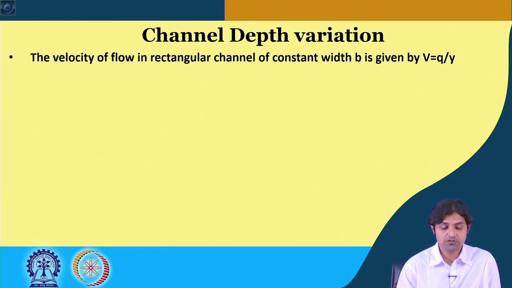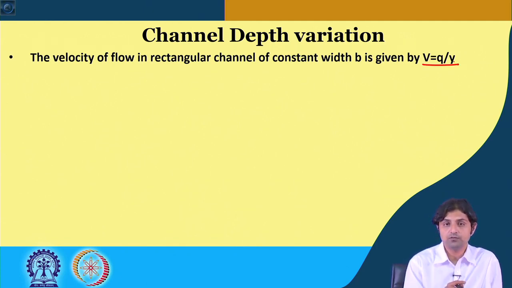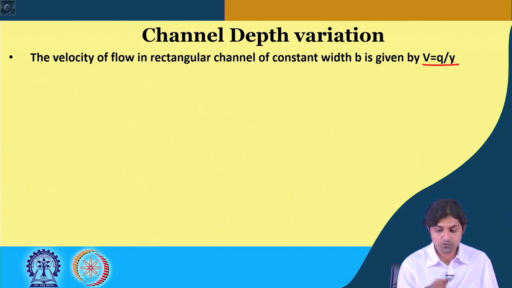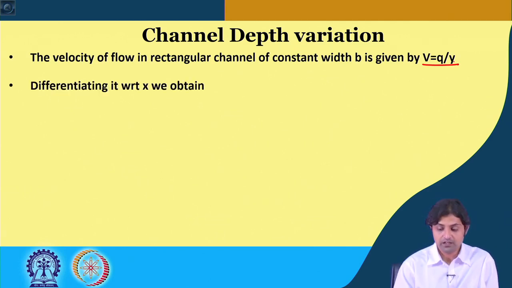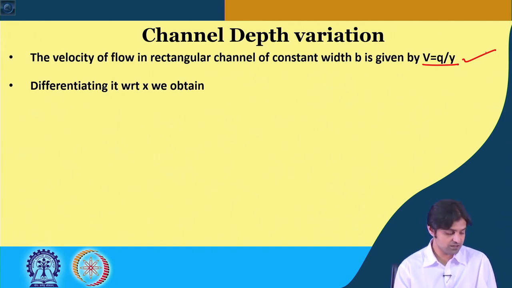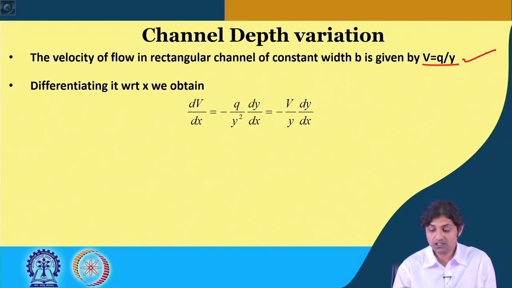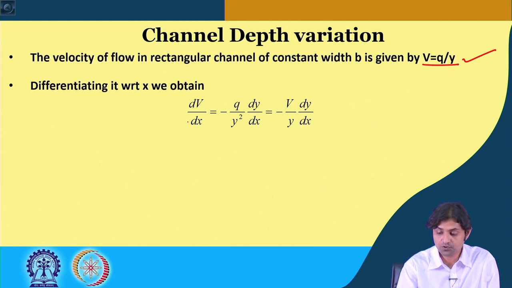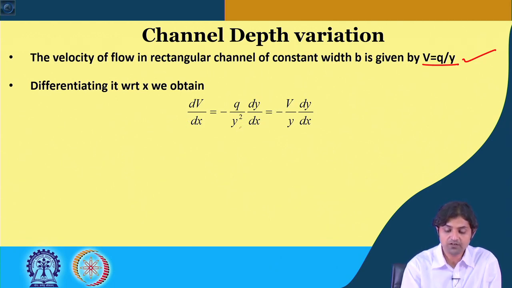The velocity of the flow in a rectangular channel of constant width b is given by V equals small q by y. If we differentiate this also with respect to x, we obtain dv by dx equal to minus q by y square dy by dx.